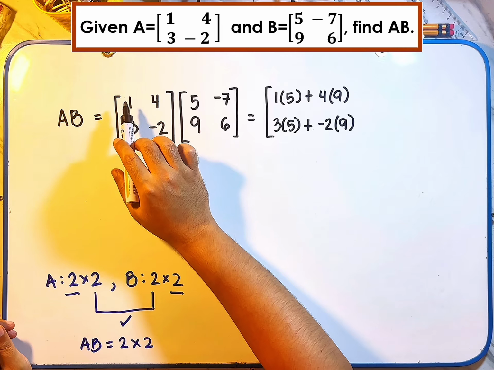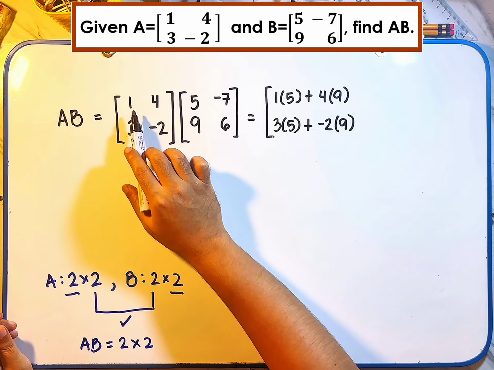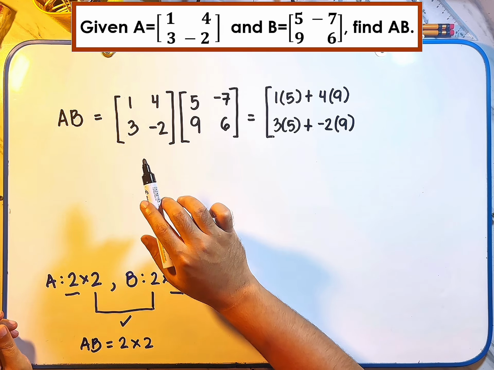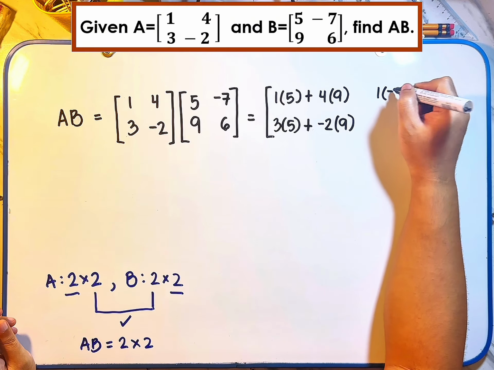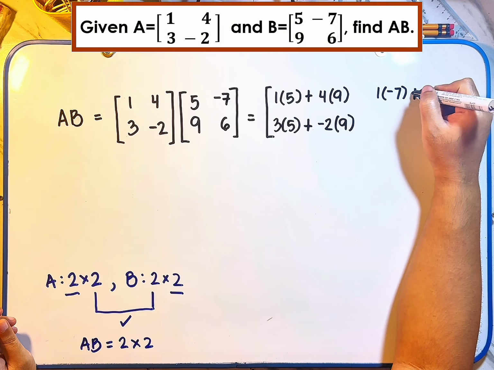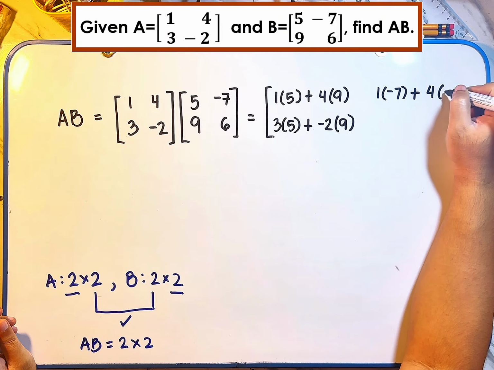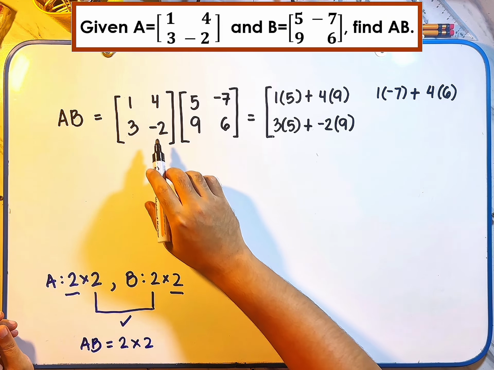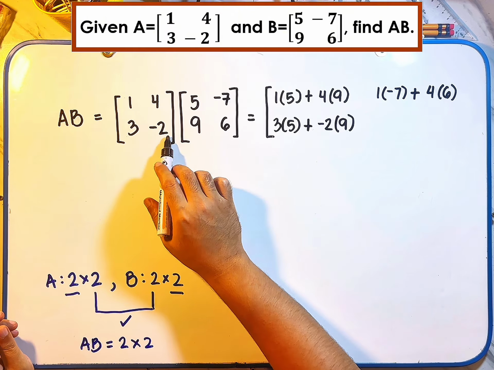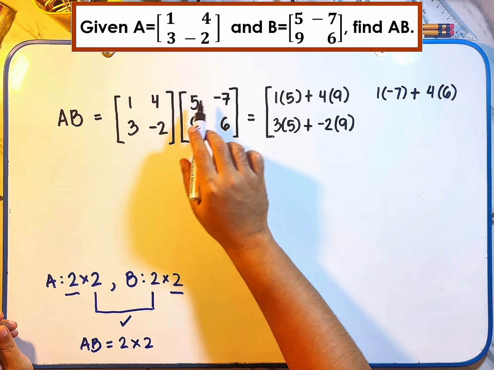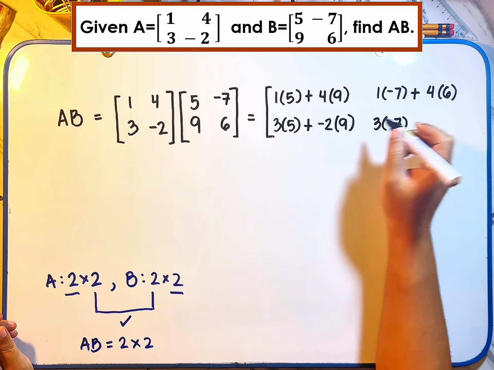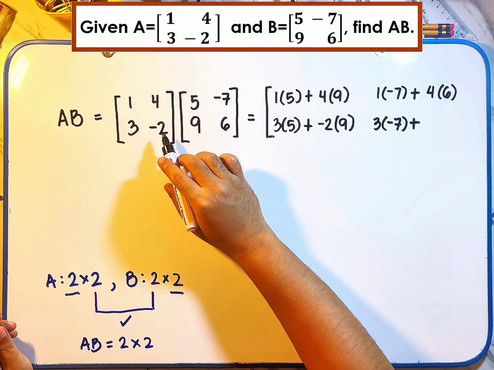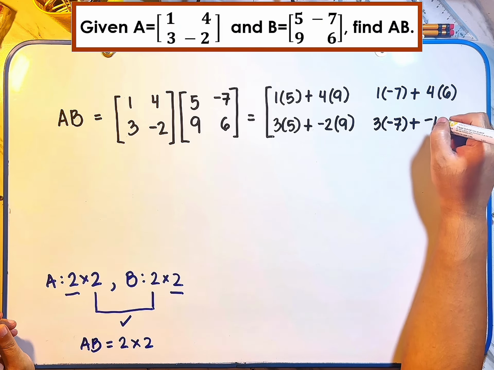Next, let's multiply the first row to the second column. 1 times negative 7 plus 4 times 6. Next, multiply the second row to the second column. 3 times negative 7 plus negative 2 times 6, so that's negative 12.